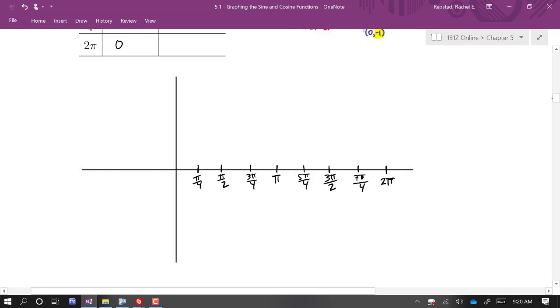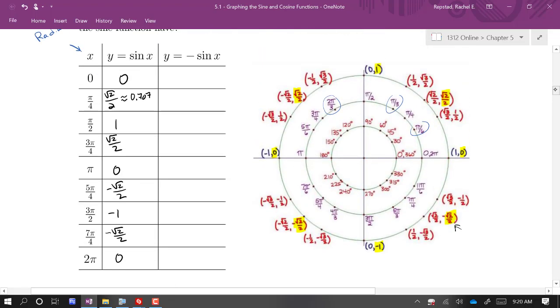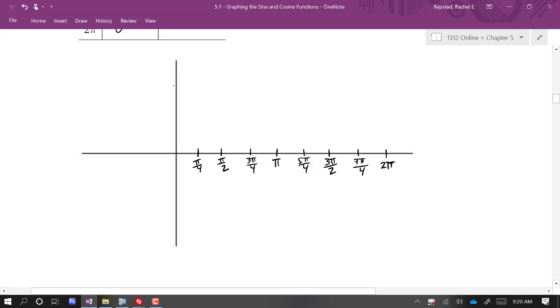Now I could tell just by looking at the unit circle, and as evidenced in the values that we wrote down in the second column here, that sine never gets bigger than 1 and it never gets less than negative 1. So I know I'm going to need to mark off my y-axis, and it only needs to go as high as 1 and as low as negative 1.